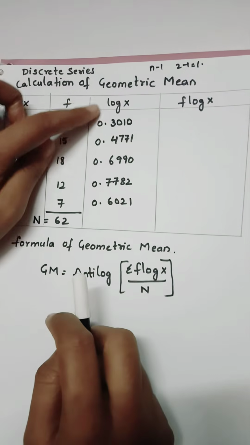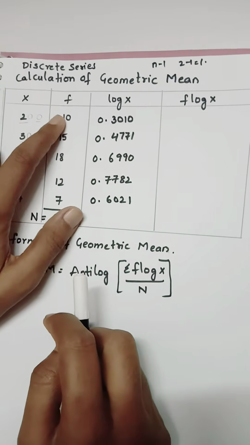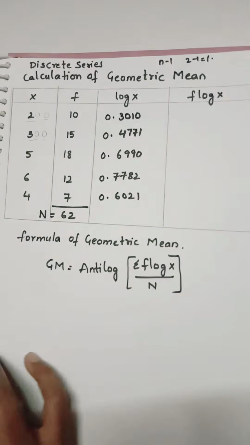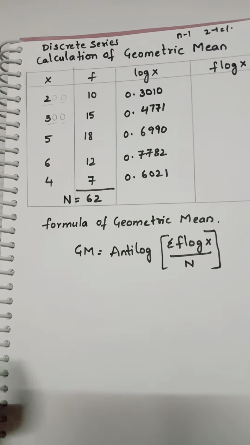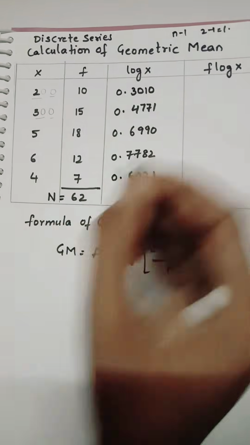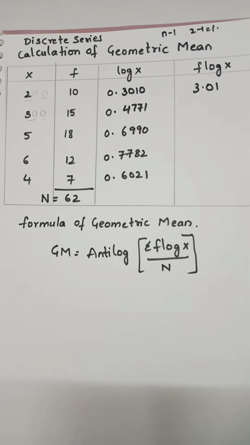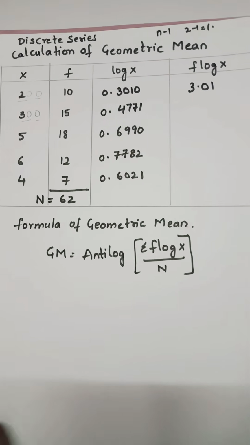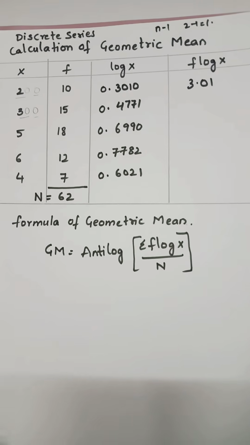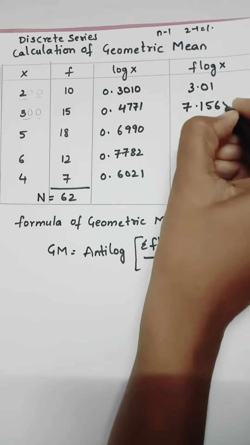Now whatever log values you got, in the third column we need to multiply with f, that is frequency. So first one is 10 into 0.3010, it is 3.01. Next one, 15 into 0.4771, 7.1565.